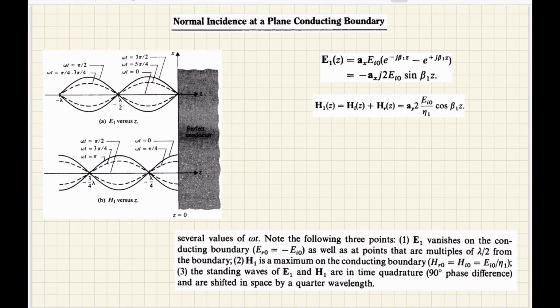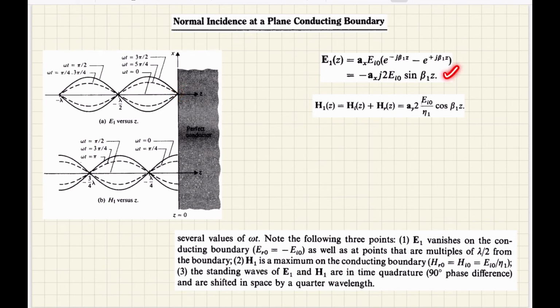Now this can be very clearly seen from this figure. Here on the right hand side you have a perfect conductor. When a wave is incident on the medium, you have an incident wave, which is completely reflected, 100% reflected back. Here I have plotted the electric field versus the spatial direction z, and at the bottom H1 versus z, and you can see that the wave has 0 amplitude at the boundary for the electric field.